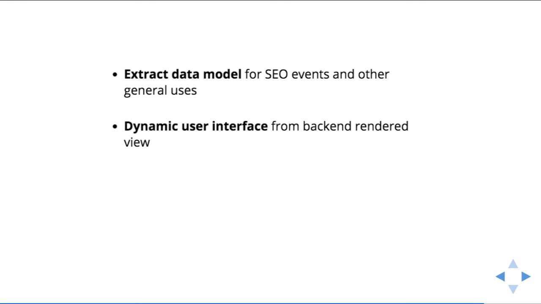And of course, we want to use this library to create dynamic user interfaces. But no, this is not created for SPAs. By dynamic user interfaces I mean web pages that are decorated with jQuery or other libraries. You don't have to use them now.